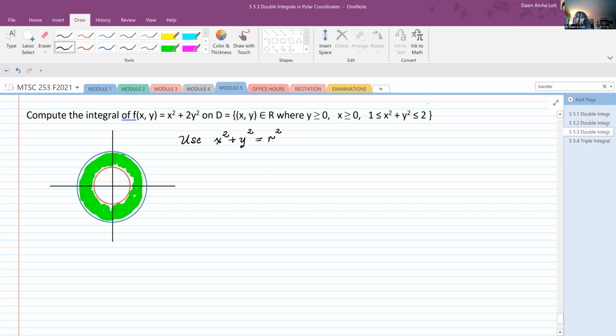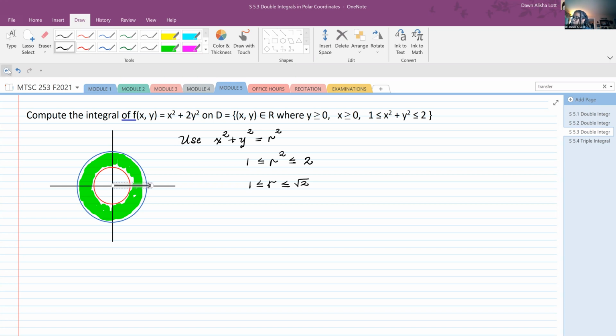So here I'm basically saying r squared is less than or equal to 2. So therefore r goes between 0 and the square root of 2. So my radius goes like this.